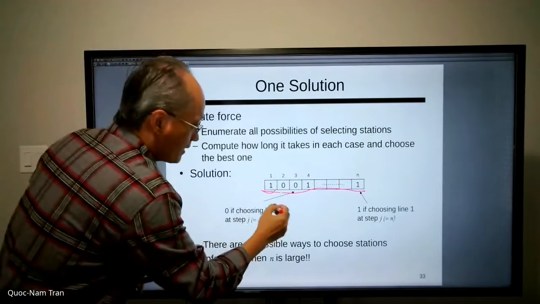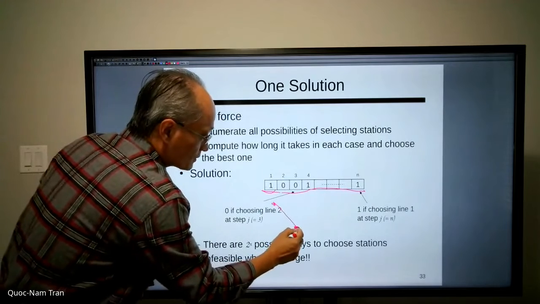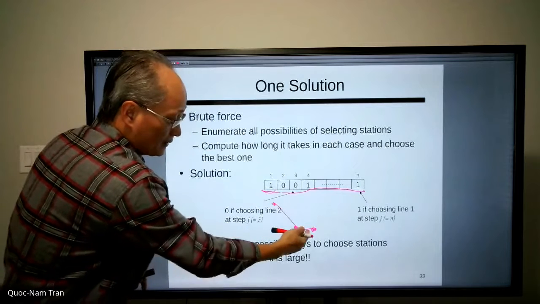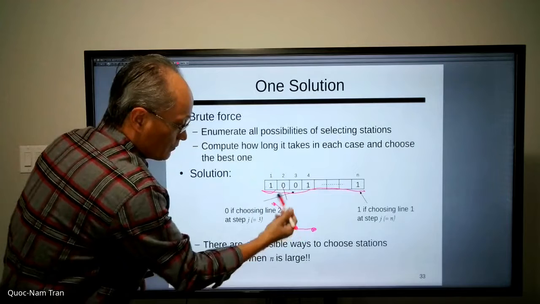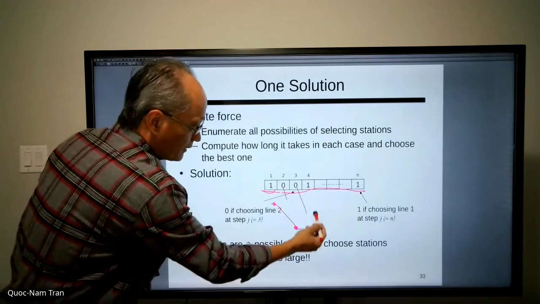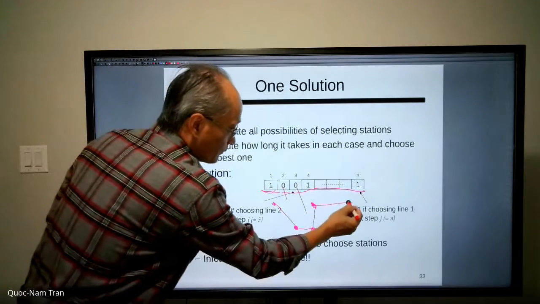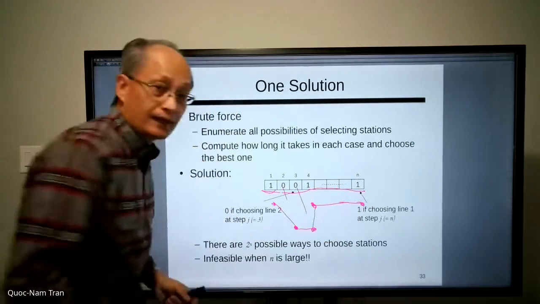And then move to station 2, stay at assembly line 2, right? Station 2 of line 2, station 3 of line 2, and then station 4 of line 1, and continue. Right? And then finally, we are at the end, right?